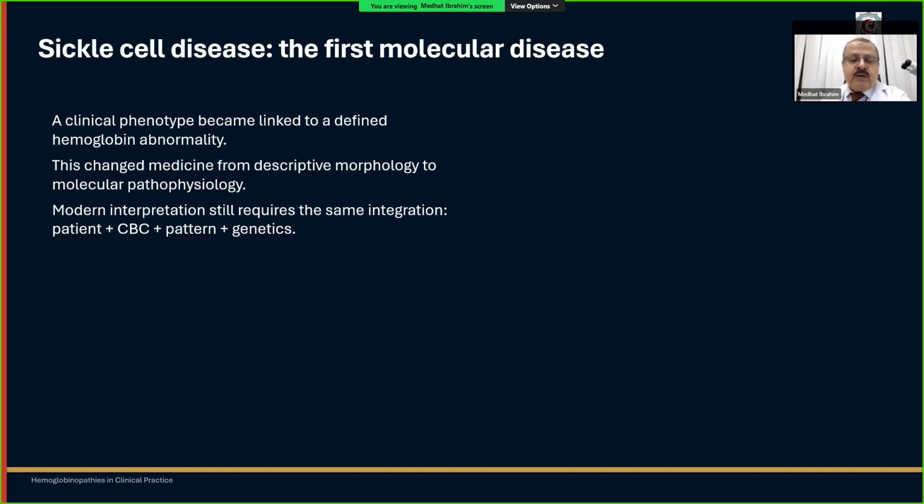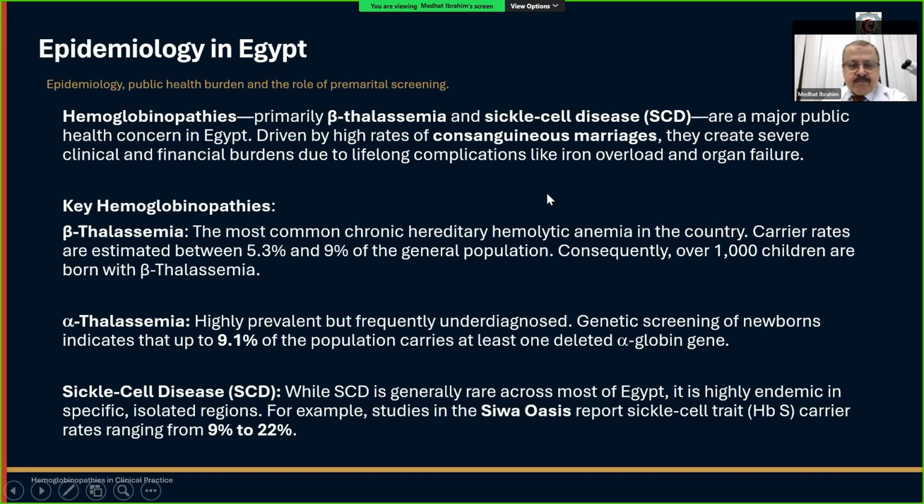So, modern interpretation still requires integration of the clinical condition of the patient, CBC, hemoglobin pattern, and genetics. Epidemiology: why it's very important to recognize cases of hemoglobinopathies.